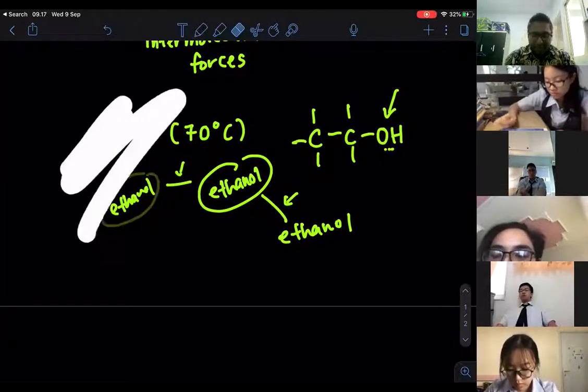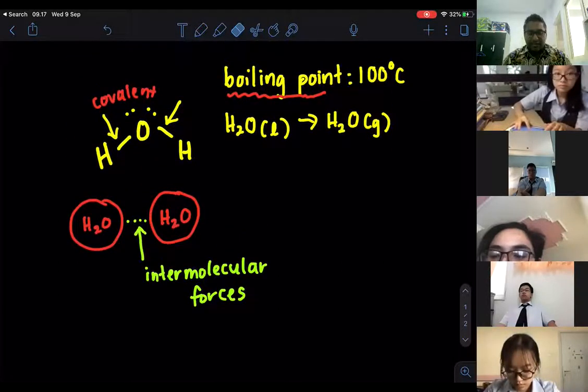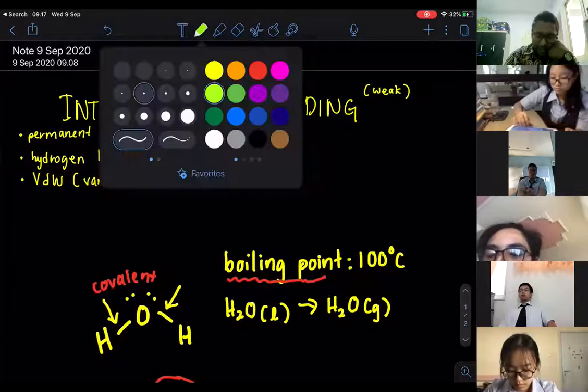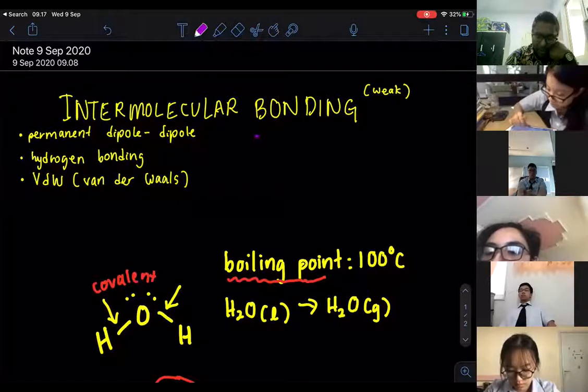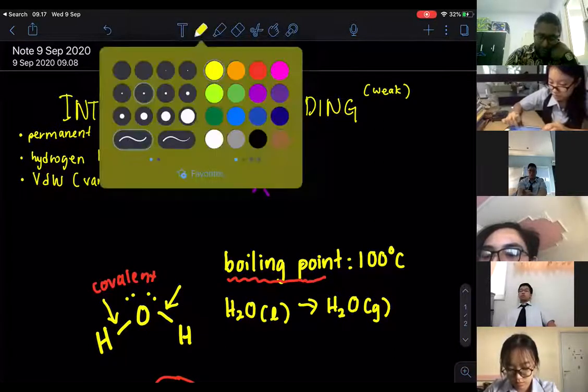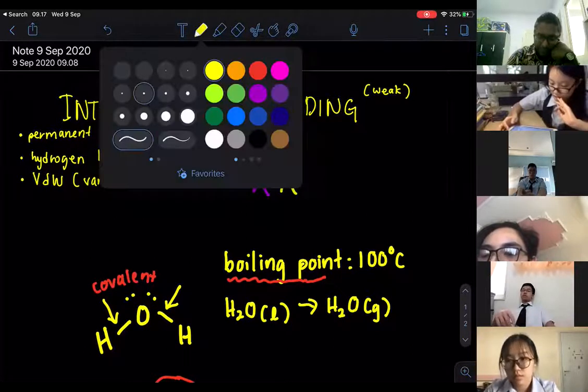So if I put it in the form of, let's say, what is intermolecular bonding? It's more like this. Imagine you have a couple, and they are deeply in love with each other.